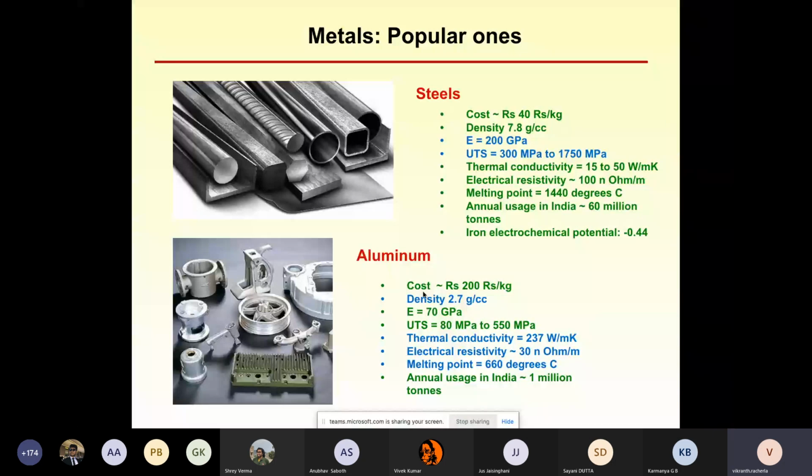Now, aluminium is costlier and lightweight, it has low stiffness as compared to steel, and again lower strength. But its main positive features are its density is low, it has high thermal conductivity, low electrical resistivity and low melting point. What is the advantage of low melting point?